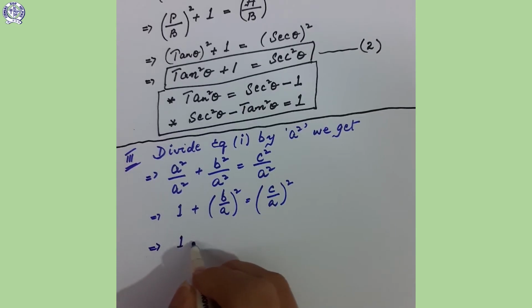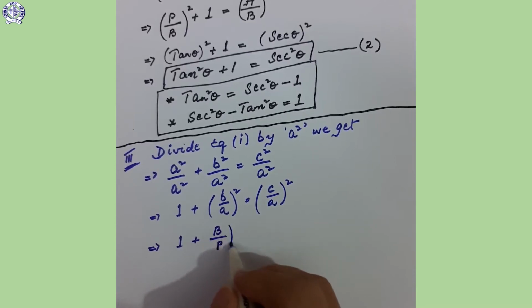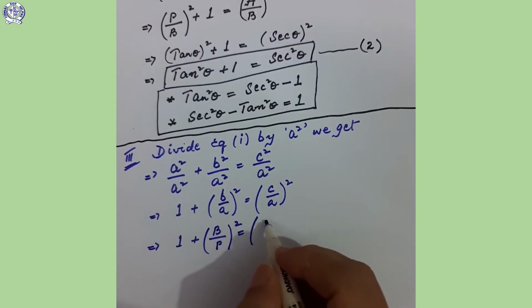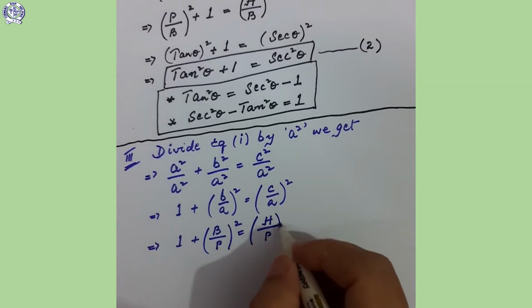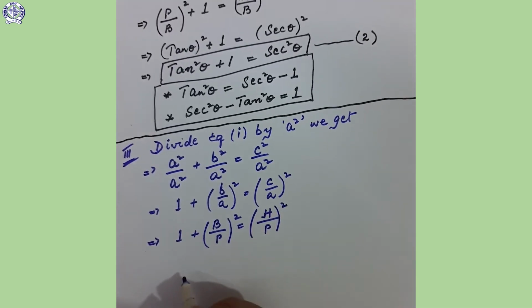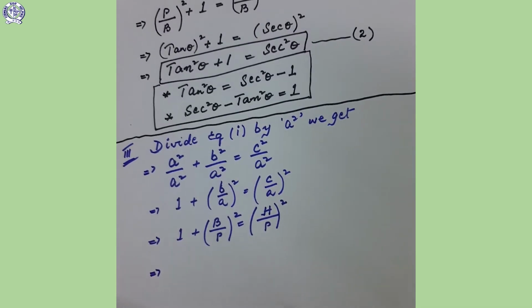So 1 plus b is base upon a is perpendicular the whole square equals c is hypotenuse h divided by a is perpendicular the whole square. Now we will change it into sine cos form.